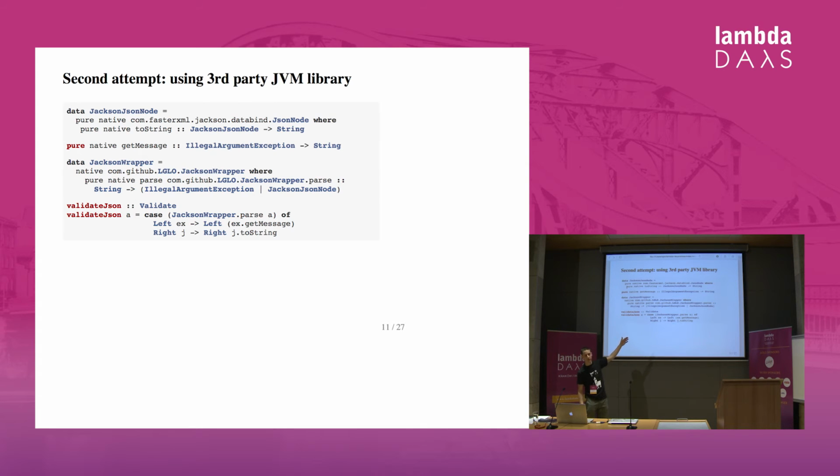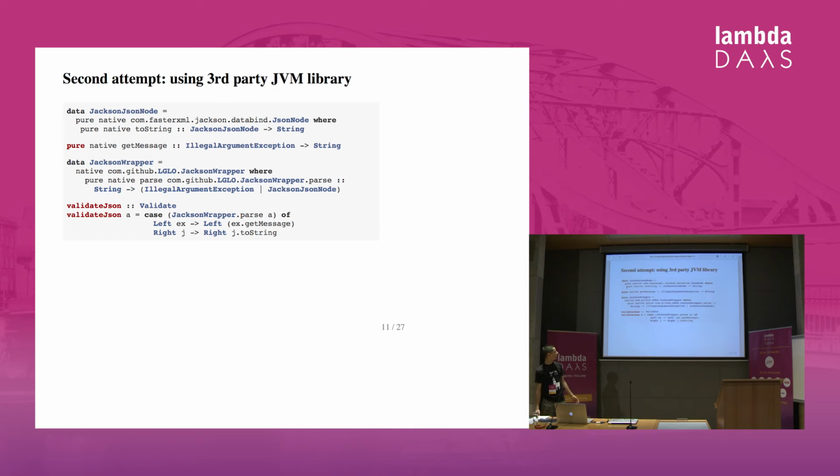I need the fully qualified name because this is a static function. And that this function takes a string as parameter and it returns either illegal argument exception or this JSON node type, which maps to JSON node. So is that clear? Okay.